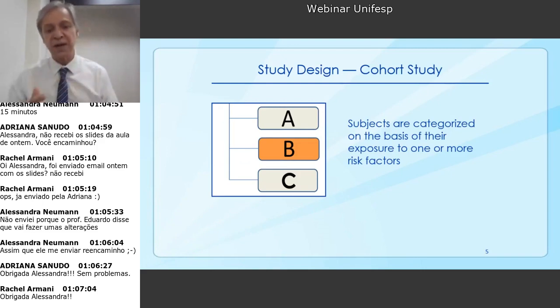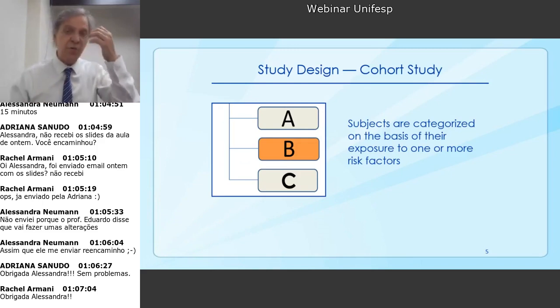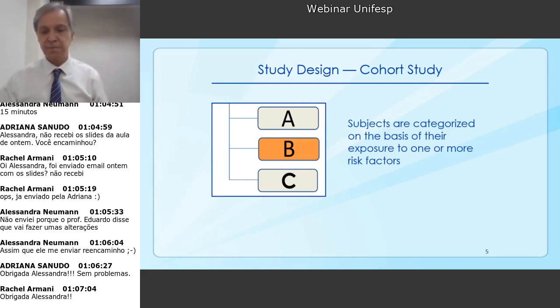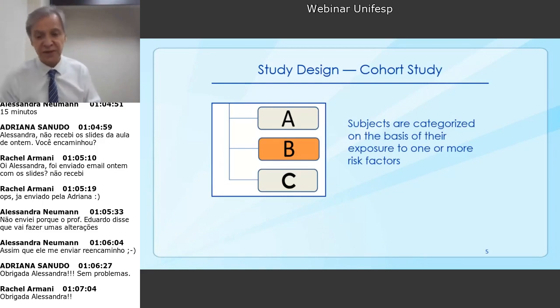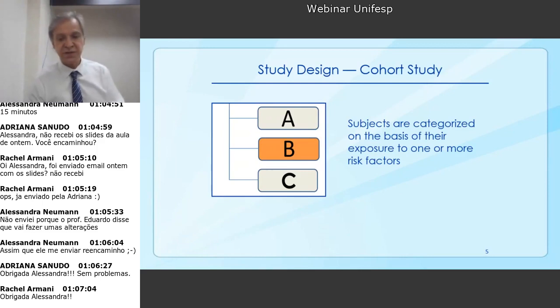So you can have more than one exposure, and each level will have exposed and unexposed. Okay, so you select the population, categorize each person, whether he or she was exposed to one or more of the risk factors of interest. Participants are followed up over time to determine if a disease or condition develops. Okay, so that's your cohort study.